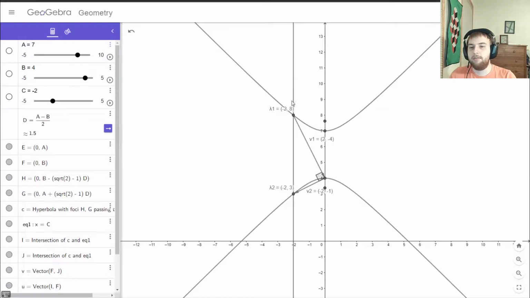And then our vertical line here is our C value. So we can see here, we get the same eigenvalues of 8 and 3 in the second coordinate of these intersection points. And it also tells you your eigenvectors, believe it or not. This vector here is your vector with respect to this eigenvalue, and this vector here is with respect to this eigenvalue up here.